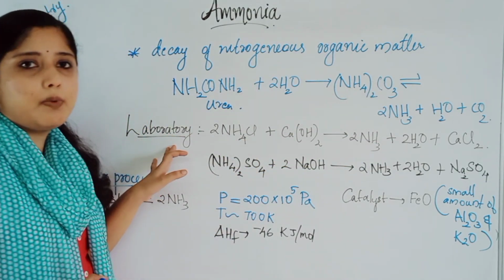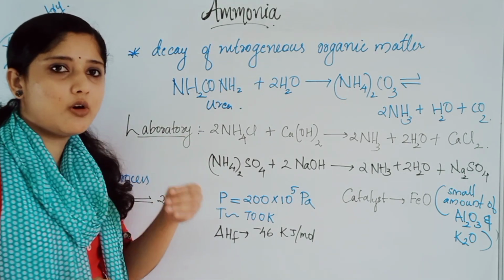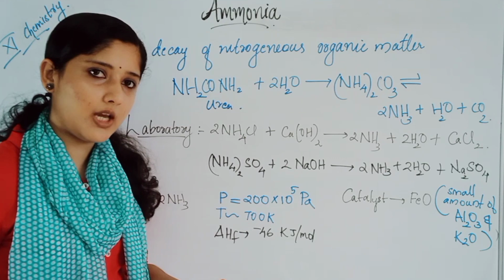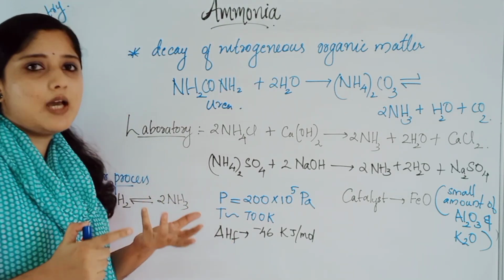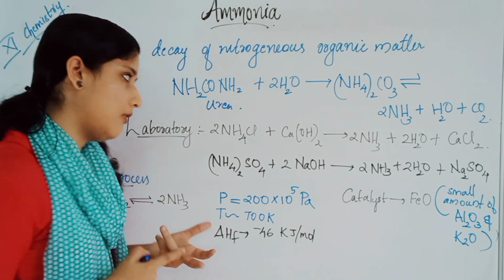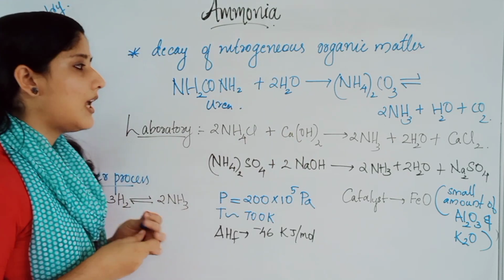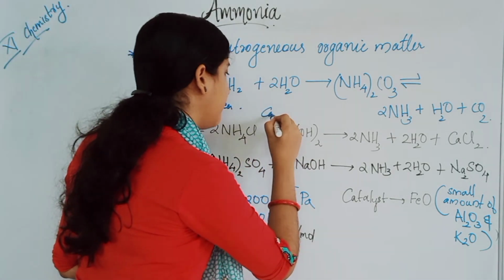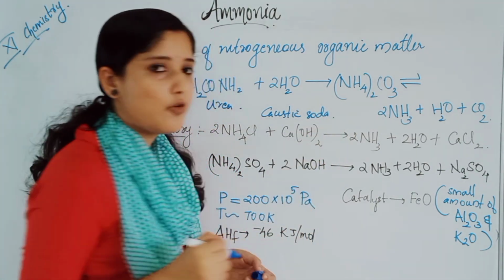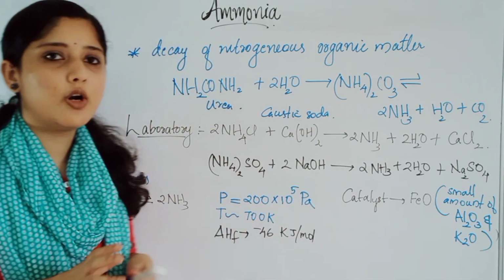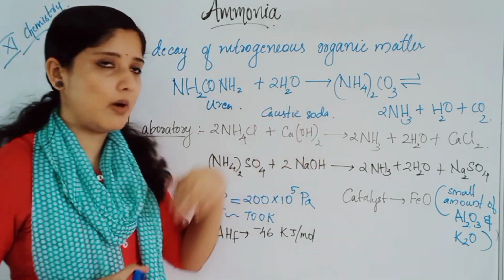In the laboratory preparation, ammonium salts are usually used. For small scale preparation of ammonia, we can use ammonium salts. What are ammonium salts? Mainly ammonium chloride and ammonium sulfate. Ammonium chloride will react with calcium hydroxide, caustic soda, to form ammonia.